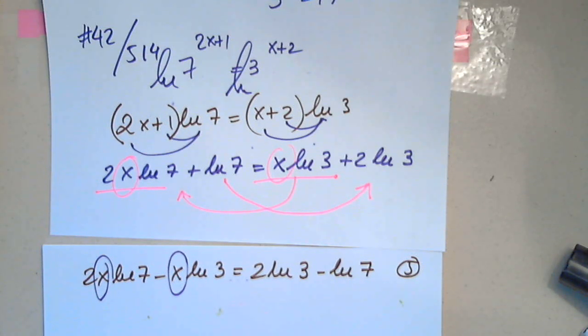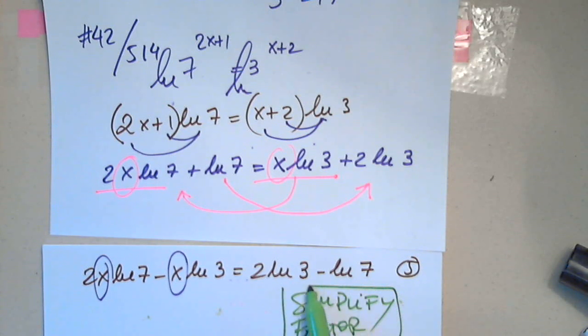And remember I said, please always keep these two in the back of your mind. At any point in time, we have to think in these terms. So then what can I do here? What should I do here in order to find x?